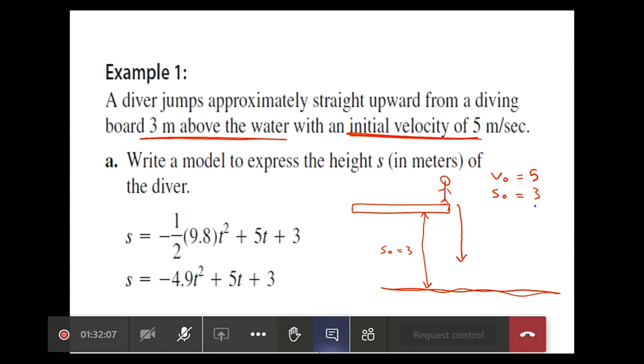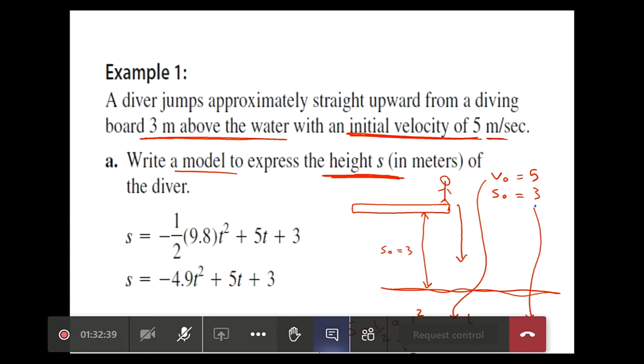Now write a model to express the height S directly. S equals half G t squared plus V naught t plus S naught. So substitute S naught, substitute V naught, and the value of G. What's the dimension?